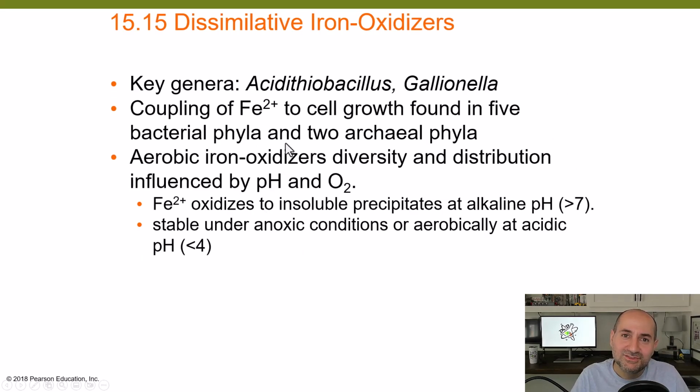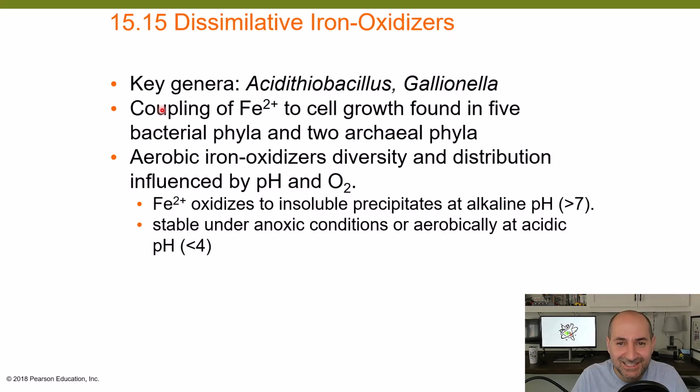Now, what about dissimilative iron oxidizers? What does that mean? Oxidize means to take electrons from, right? So these guys get their electrons from iron. So they are lithotrophs. They get their electrons from an inorganic source, in this case, iron. They eat iron, okay?